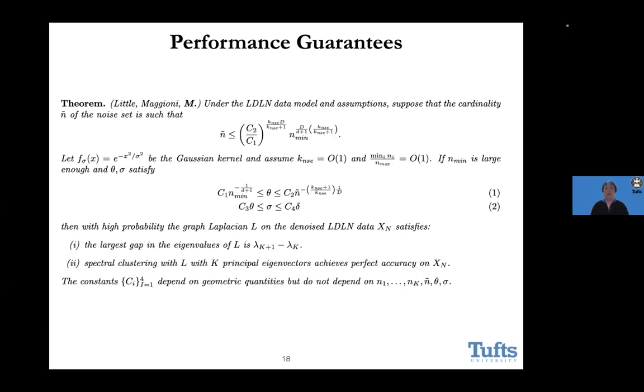Claim 1, the largest eigengap is between the kth and k plus first eigenvalue. So meaning that if I use the eigengap heuristic to estimate the number of clusters, I'm correct there. And then if I run spectral clustering on those k eigenvectors, I'm going to get perfect accuracy in terms of labeling. There are lots of implicit constants here that depend on the curvature of the manifolds and so on.